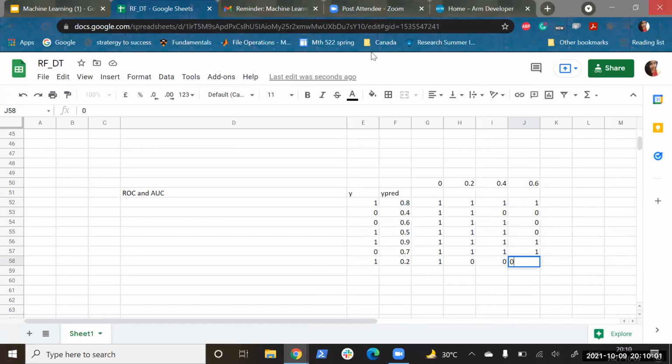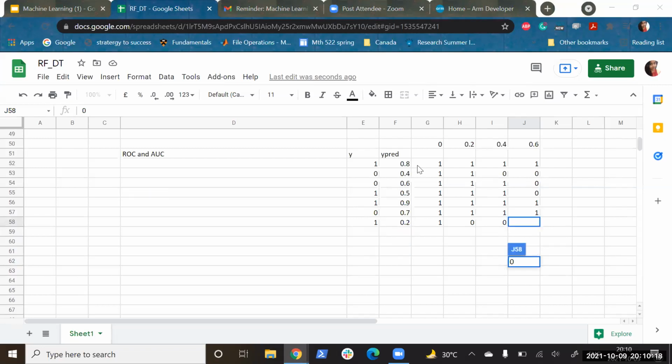Now comes the confusion part. I'm sure that everybody is well aware of the confusion matrix, and has their concepts clear when it comes to true positives, true negatives, false negatives. Now what you do is calculate your true positive rate and false positive rate for each and every threshold value.